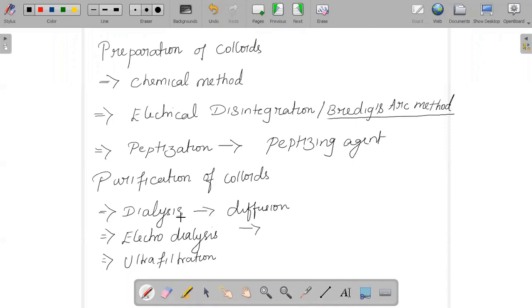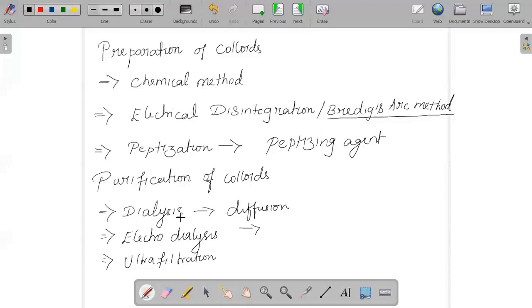The ions present in the colloidal solution will then migrate to the oppositely charged electrodes, and this is possible if the dissolved substance in your impure colloid is an electrolyte. So electrodialysis is a method used just to speed up the process of dialysis.